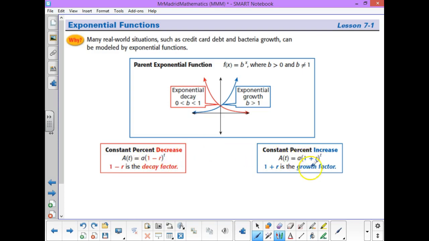Or if you have plus r, you'll have the growth factor. Here they have t. Okay, many times we're going to switch t for x, which will basically describe the number of periods. And then you have the total amount at time t, or after x periods. Alright, so definitely worth having this in your notebooks.